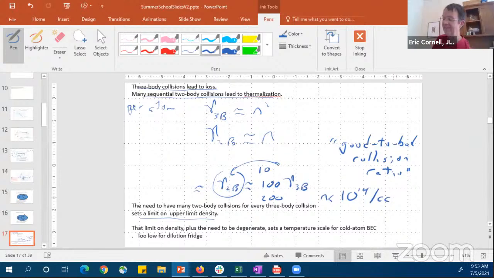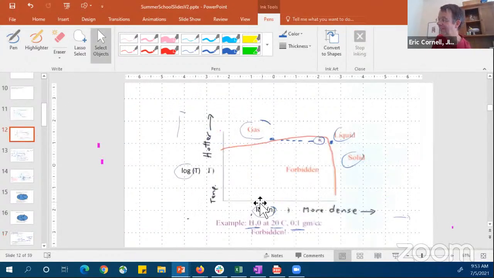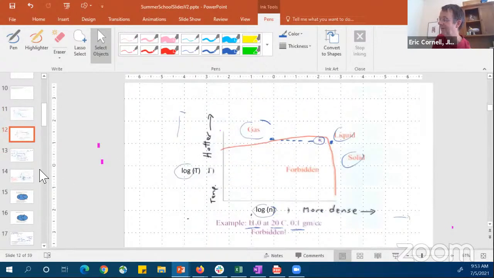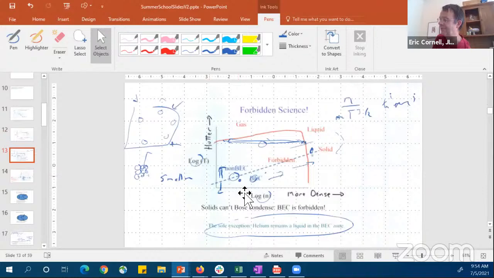And if we know that the density has to be quite low, at 10 to the 14 atoms per cubic centimeter, that tells us the temperature has to be low in order to see condensates.